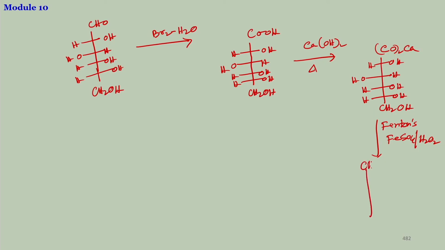So, this will become obviously a CHO, and you have this, CH2OH. This is another method through which you can reduce one carbon on the sugar, and this reaction is known as Ruff synthesis or Ruff reaction.